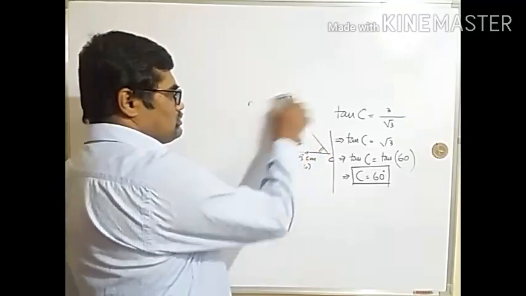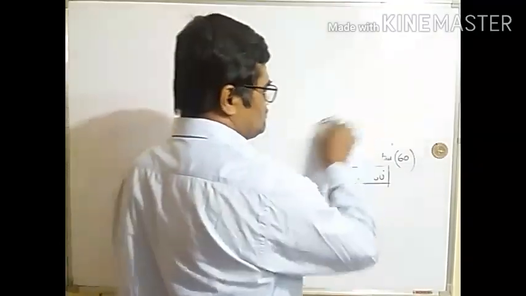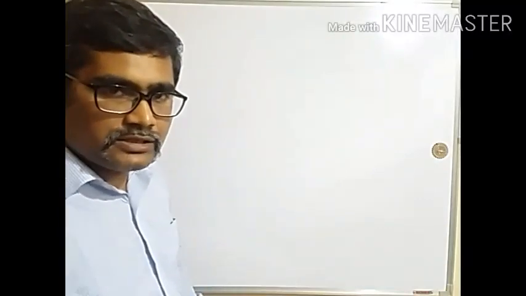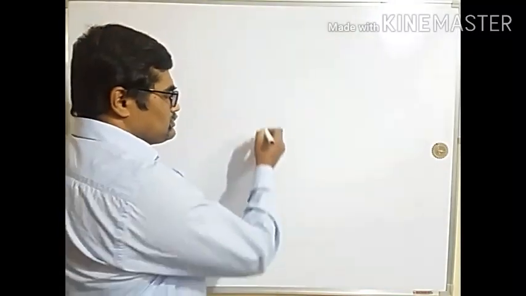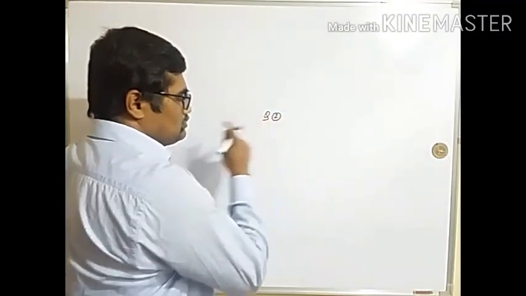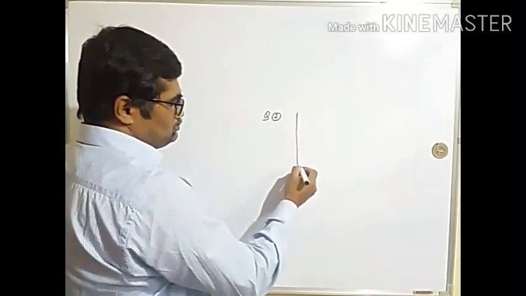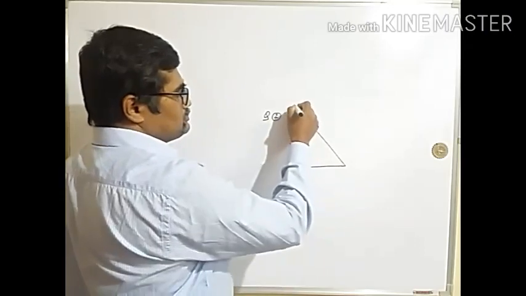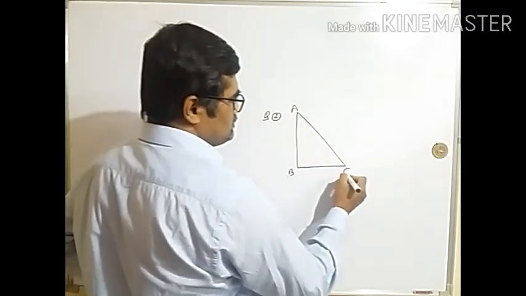Another problem I'll take and then we will proceed to discussing the concept of application of trigonometry. Question number 2. Suppose there is a triangle ABC.